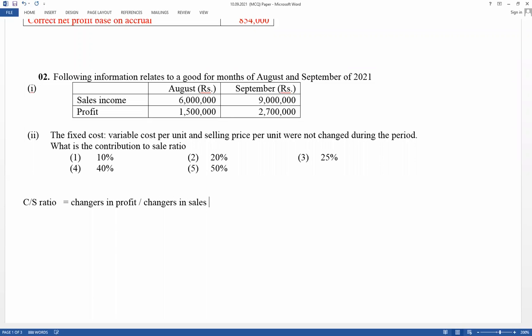Think about changes in profit, which occur because of contribution. Therefore, changes in profit is the difference value of 1.2 million, divided by the sales income change of 3 million.